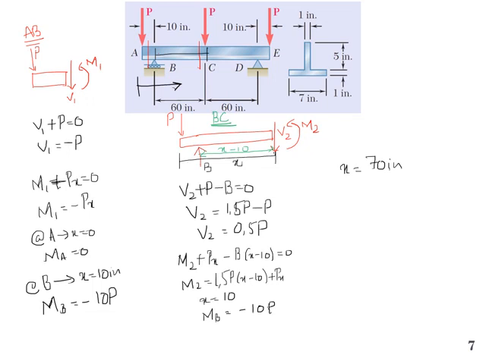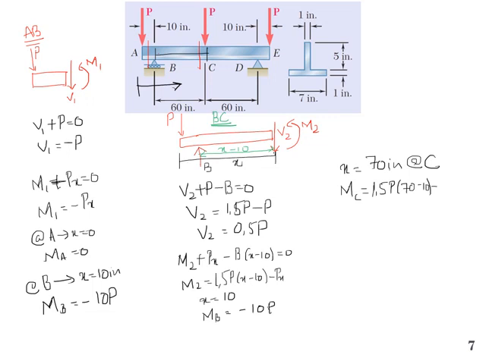So at C, MC will be equal to 1.5 times P into 70 minus 10 minus, sorry, this should be minus, not plus. So let me correct this one. This should be minus.